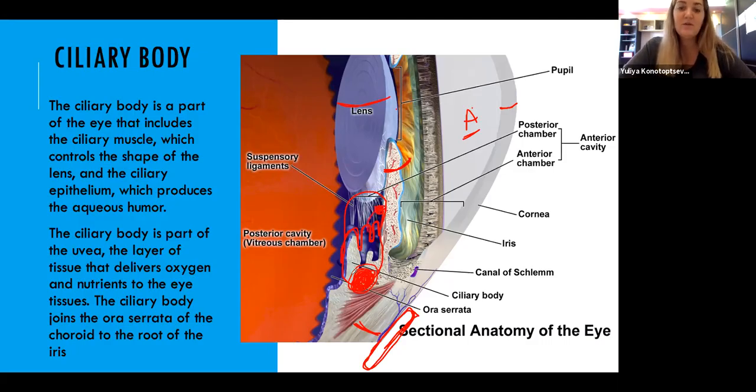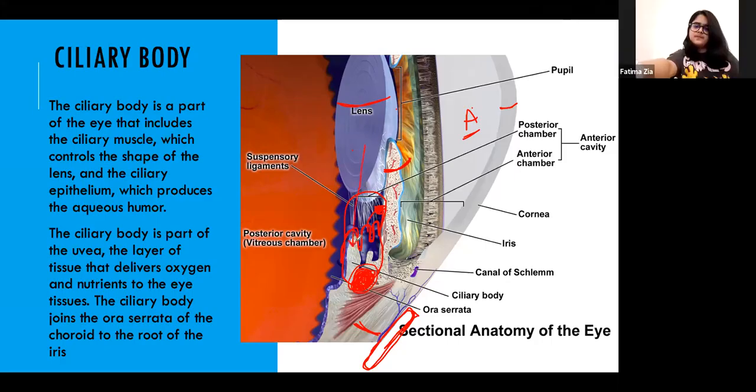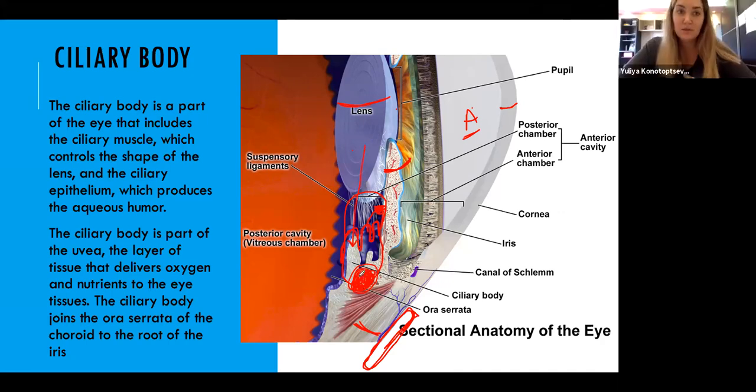What is the ciliary muscle responsible for? It is responsible for controlling the shape of the lens. We have established that the lens is attached to the ciliary body itself, right? So if this muscle is contracting or relaxing, because the lens is attached to it, the lens will also change its shape.